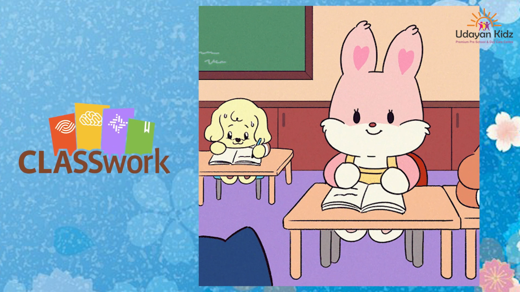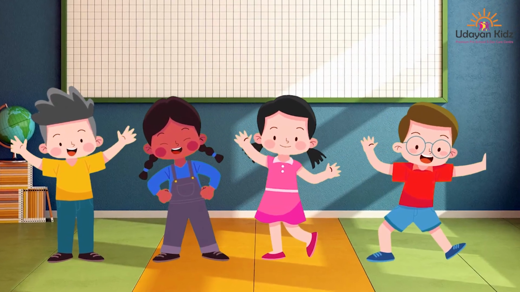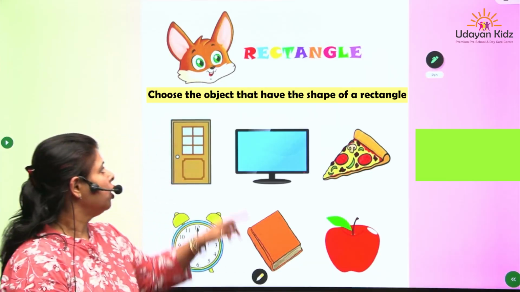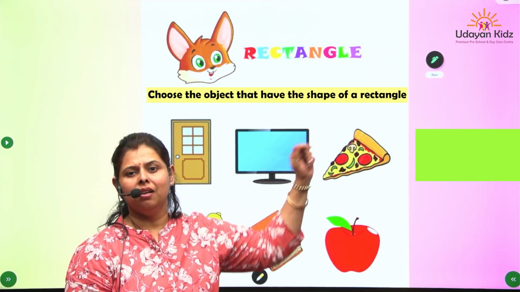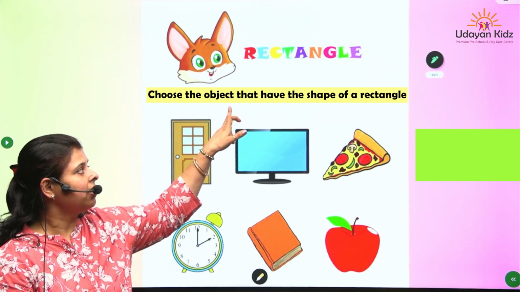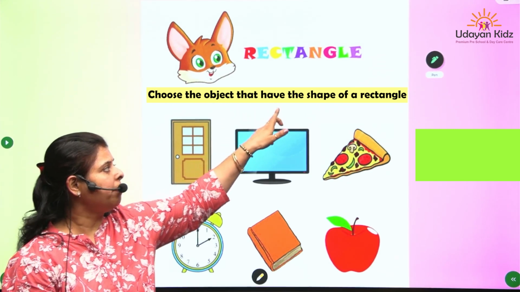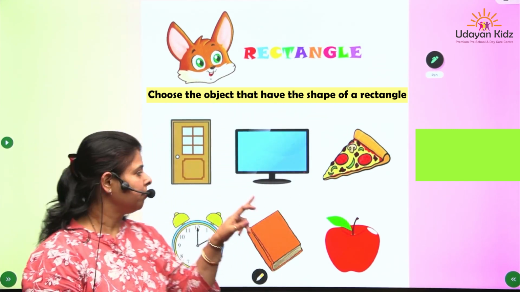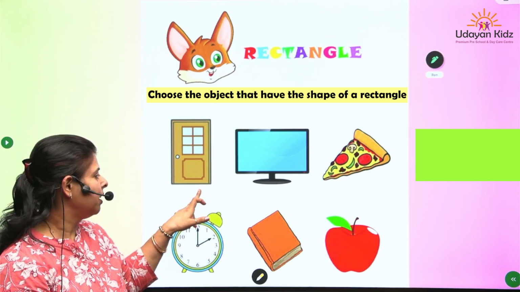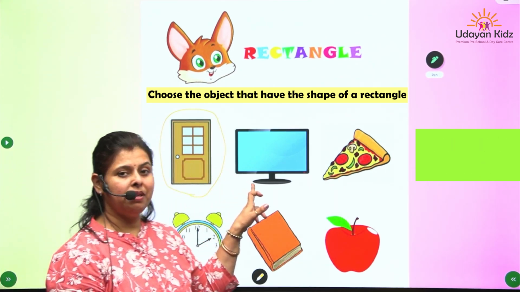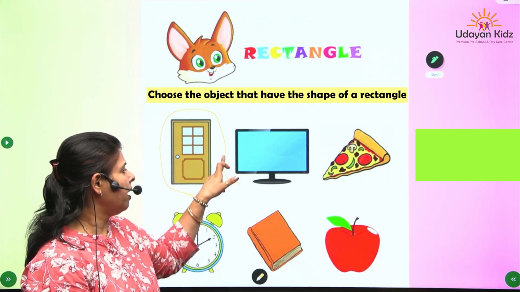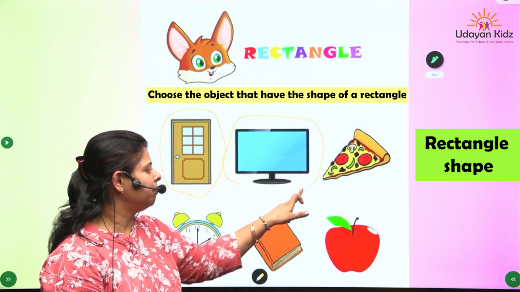Let's solve the question. Choose the objects that have the shape of a rectangle. Which shape is this? Rectangle shape. Which shape is this? This is also in rectangle.